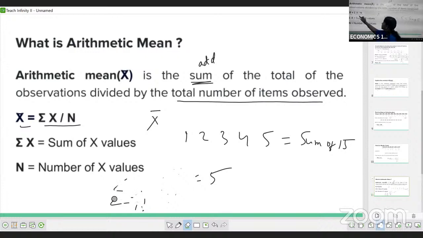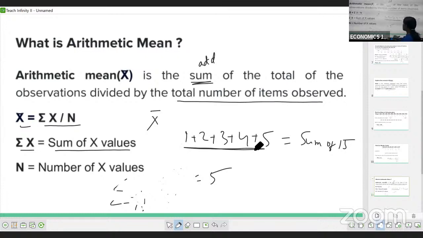Sigma x stands for the sum of the x values, so you have to add these values: 1 plus 2 plus 3 plus 4 plus 5. Whatever observations they give, you have to add all of them. Then you have to divide that by the number of items.